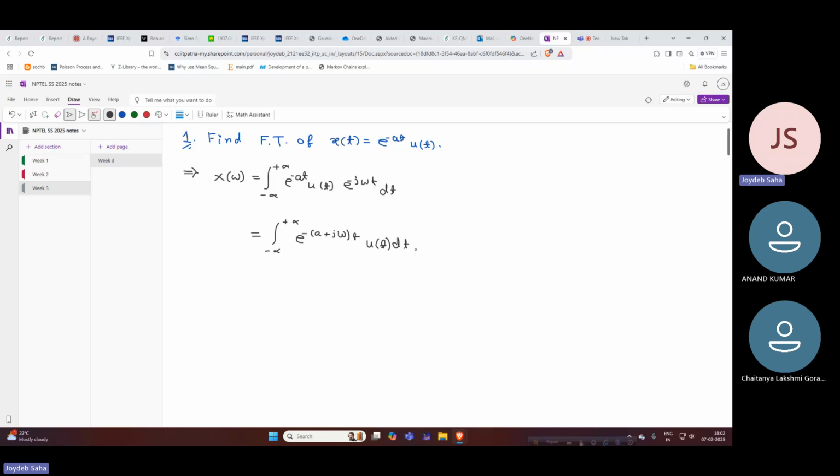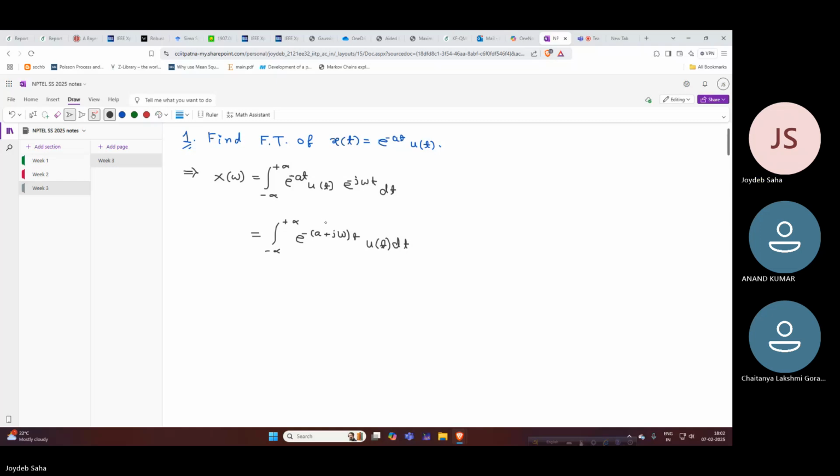So till now is it clear? X(omega) is the integral from minus infinity to plus infinity of e to the power minus at u(t) into e to the power minus j omega t dt. This is the basic definition of Fourier transform. From the definition of Fourier transform we are getting this.